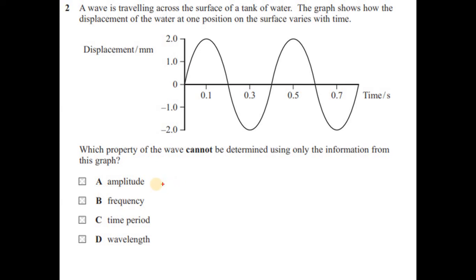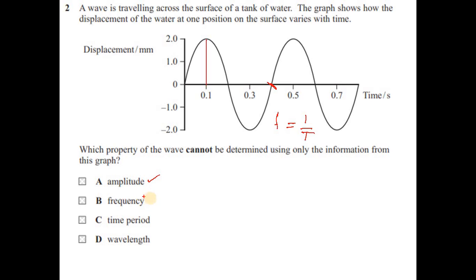Amplitude. Yes, we can find amplitude because amplitude is the maximum displacement from the mean position. Clearly amplitude is this much. So you can find the height, it will give you amplitude. Frequency, yes, this is a time axis, so we can find time for one wave till here, and then frequency is 1 upon t.